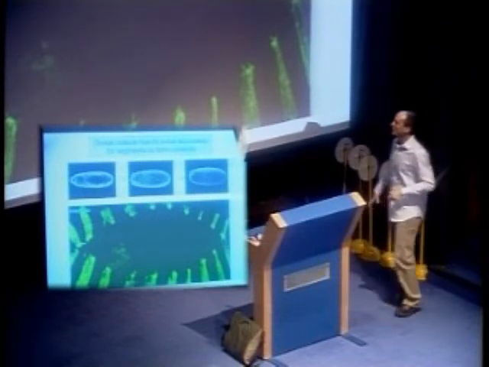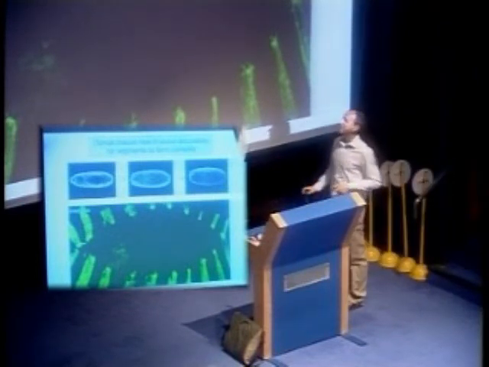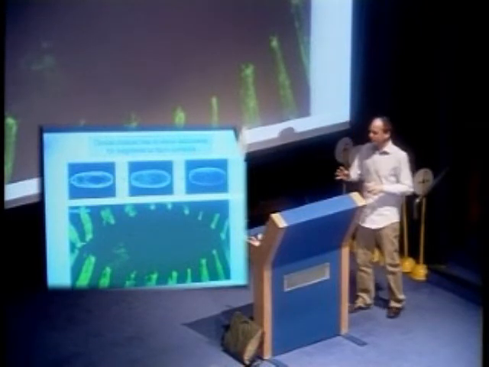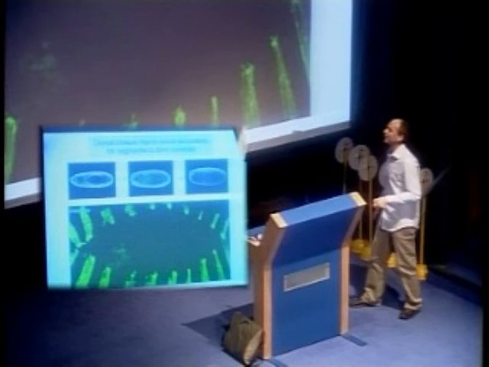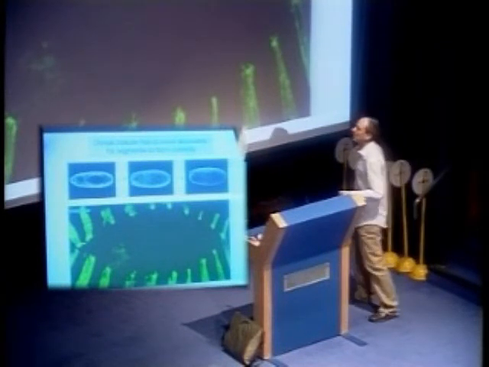So we've got this useful fly for looking at this. Again, we're expressing green fluorescent protein in the skin, but now the gene is only turned on in the back half of each segment. So that means we get these stripes.